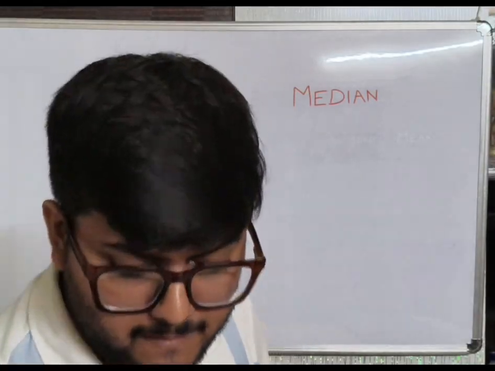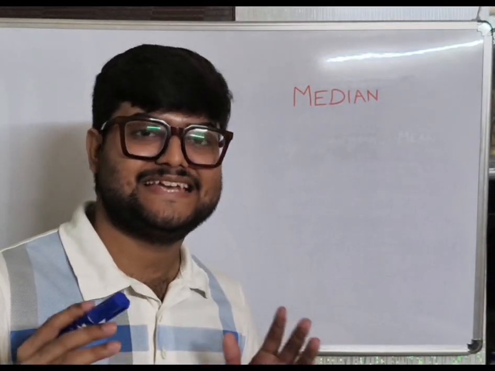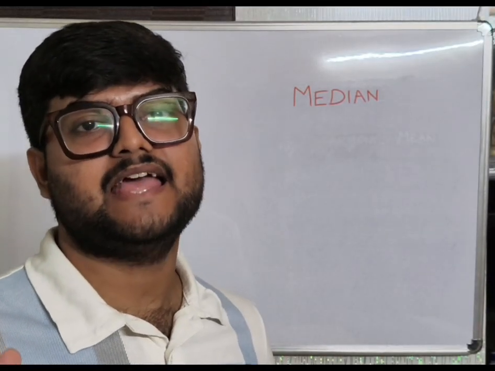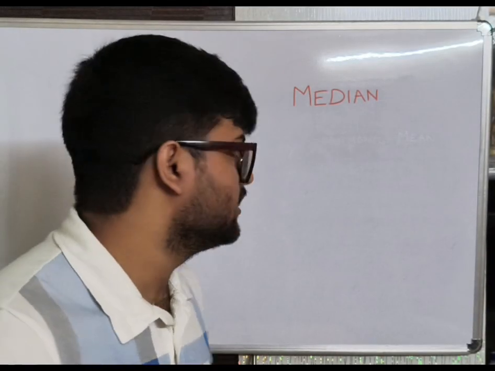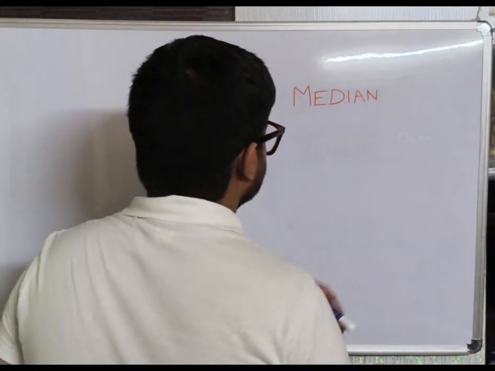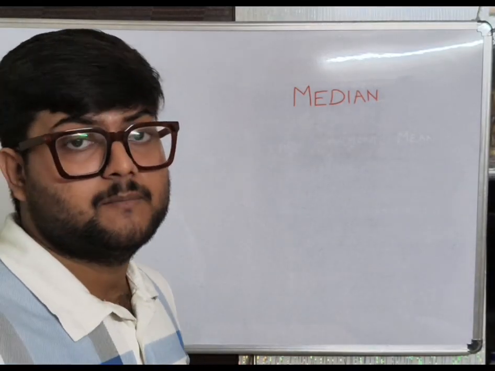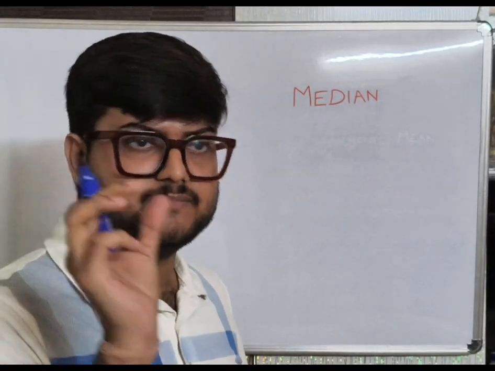Median is the middlemost value of a data set after it has been arranged in numerical order. We can arrange it in ascending or descending order, but the middlemost value becomes the median.